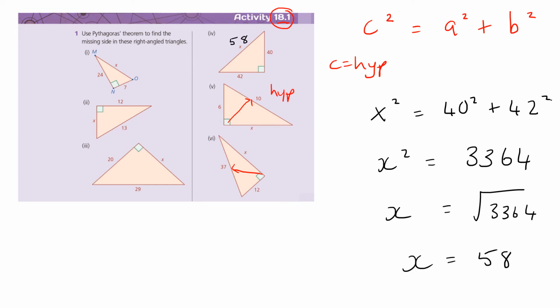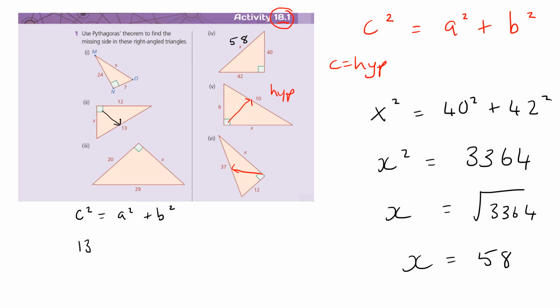I'm going to do one more example, and this time I want to take an example where we are given the hypotenuse. So we just have to think about our formula a little bit differently. So here, again, our hypotenuse is c squared is equal to a squared plus b squared. But in this example, the hypotenuse is 13.